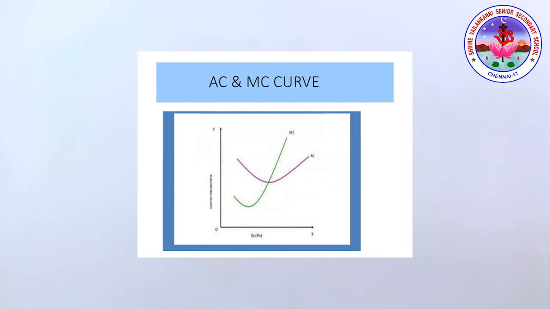When MC is more than AC, AC rises with increases in output. Both AC and MC rise, but MC increases at a faster rate as compared to AC. As a result, the MC curve is steeper as compared to the AC curve.